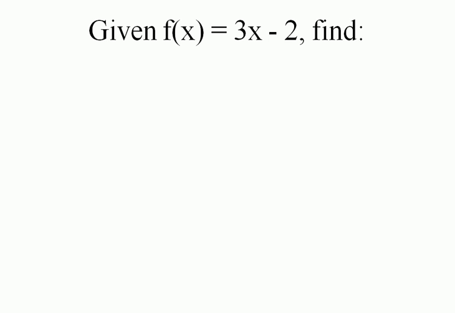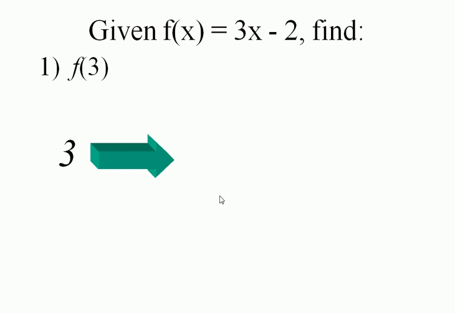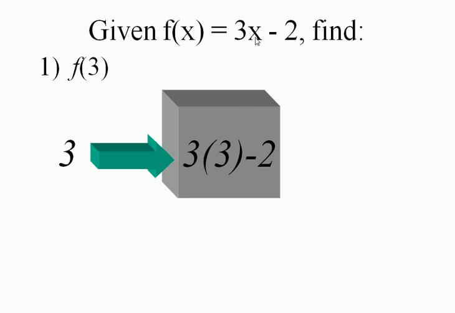All right. What we're going to do first is evaluate a linear function. And we looked at this a little bit yesterday. What does this say? This says plug 3 into the function f. So when we think about it, you can think about it as a function machine. We have our input. It's going into our function, which was 3x minus 2.